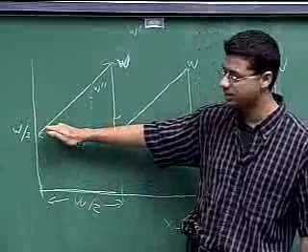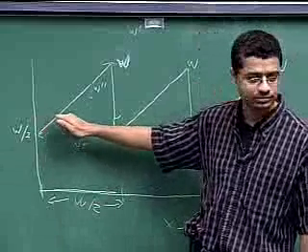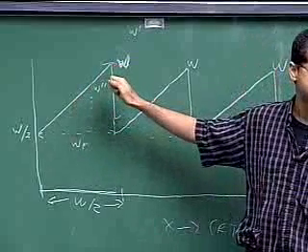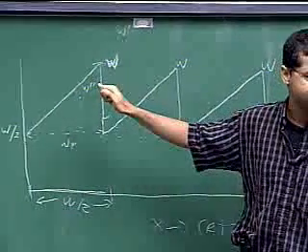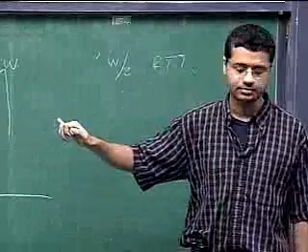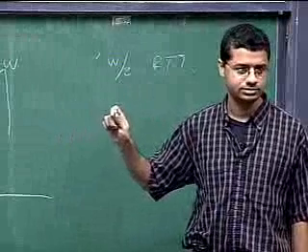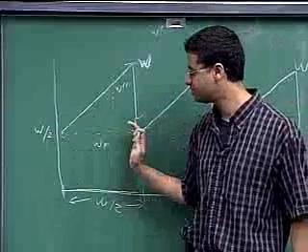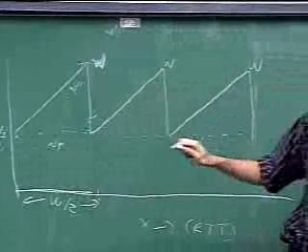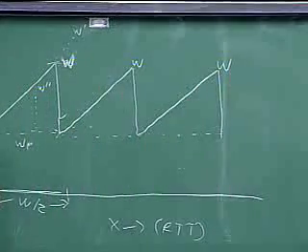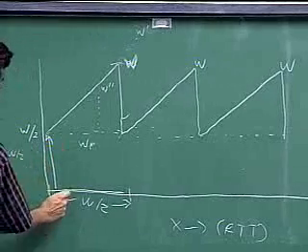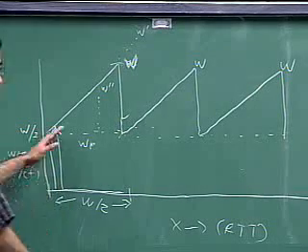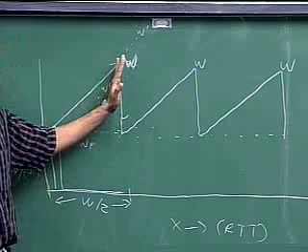In the second, W over 2 plus 1, W over 2 plus 2, W over 2 plus 3, and finally W. Right? We're going to compute the total number of packets that are transmitted in this interval. So in the first round trip time, W over 2 packets go through. In the second round trip time, W over 2 plus 1 packets go through, all the way up to W.